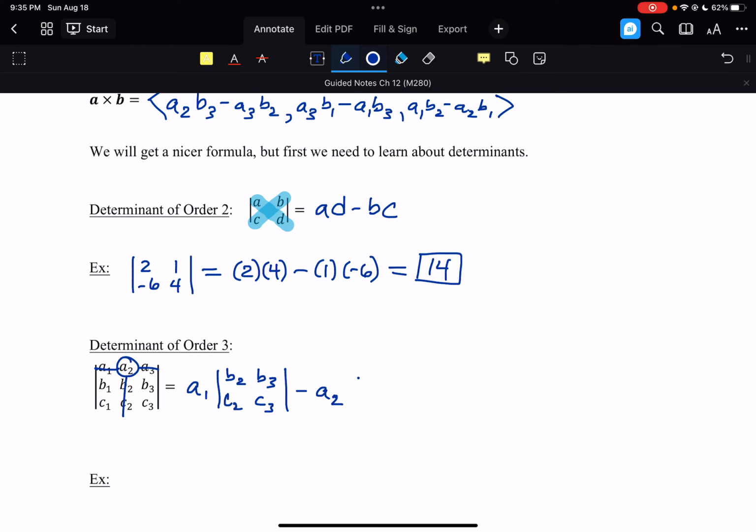So we get A2, we block off its row and its column, and we're left with this 2x2: B1, B3, C1, C3. And then plus, so again, plus, minus, plus, we do A3, block off its row and its column, and we're left with the little 2x2, B1, B2, C1, C2.